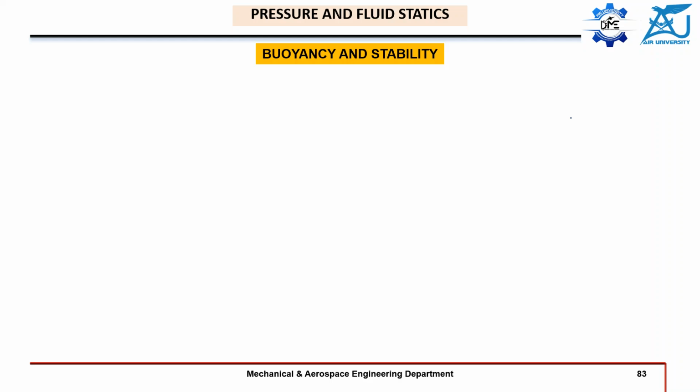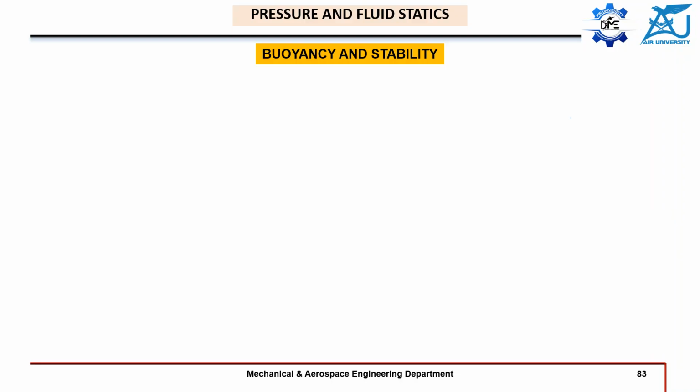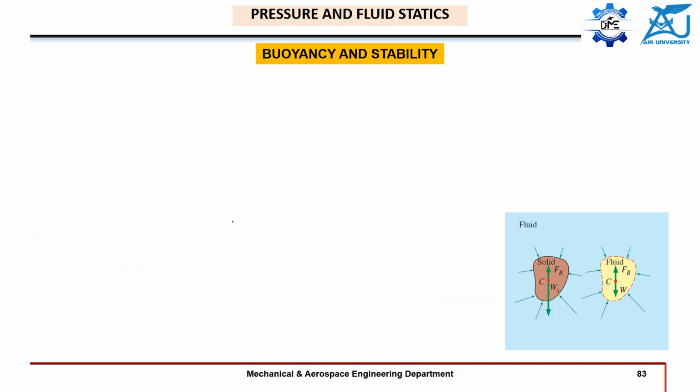Now the next thing. So this is the formula: FB is equal to rho g V, or the weight of the displaced fluid.